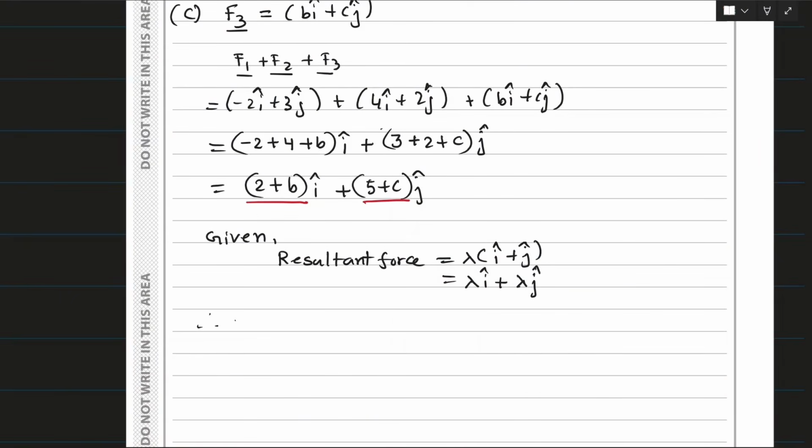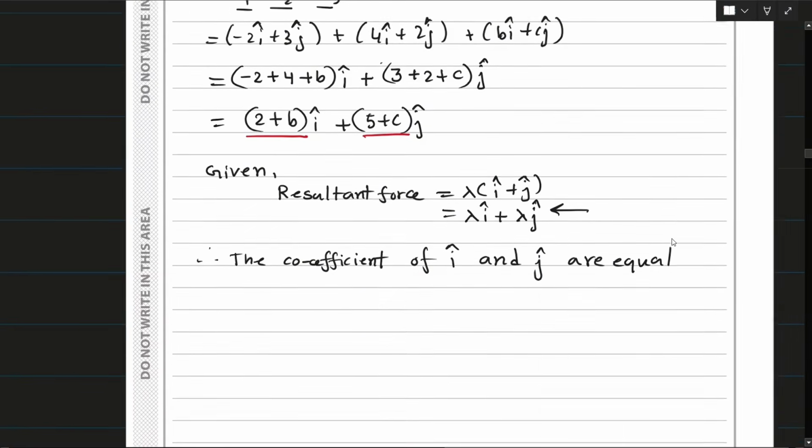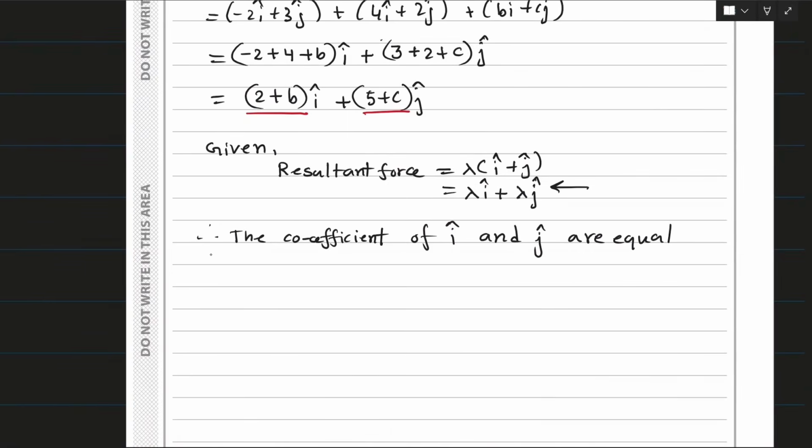So we can say that the coefficients of i and j are equal. We reached this conclusion from here. So now we can say that 2 plus b is equal to 5 plus c.